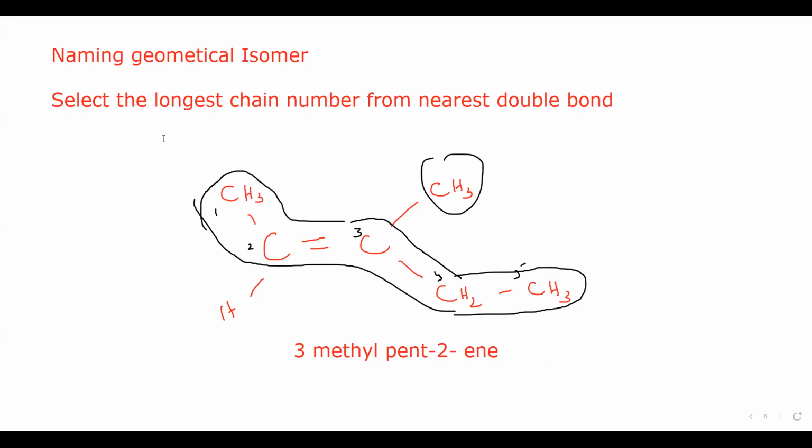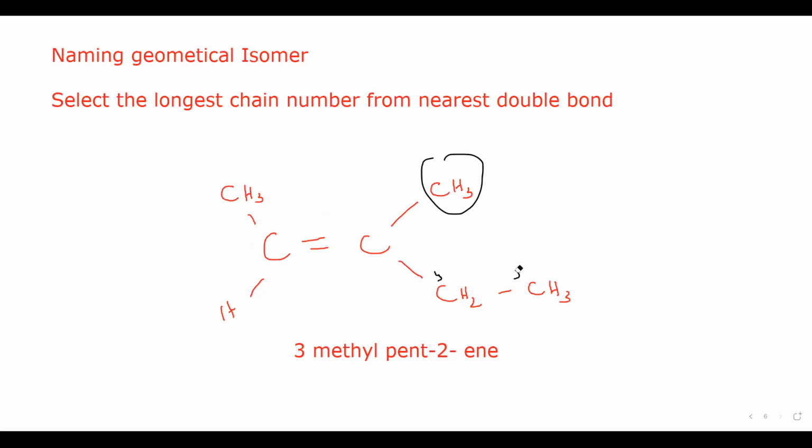So it's the same way we name, it's 3-methylpent-2-ene. But whether it is cis or trans, first we name it, then we identify whether it is cis or trans. To identify cis or trans, we don't need the numbering. We just have to check the heavy groups attached to the carbon atoms which have the double bond. Heavy group means in terms of mass. So when we see CH3, this is heavy.